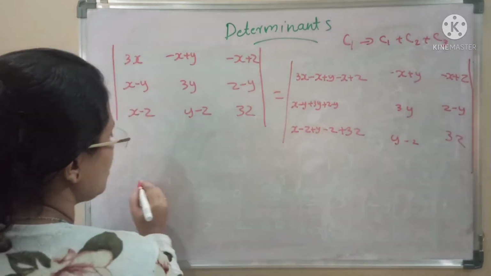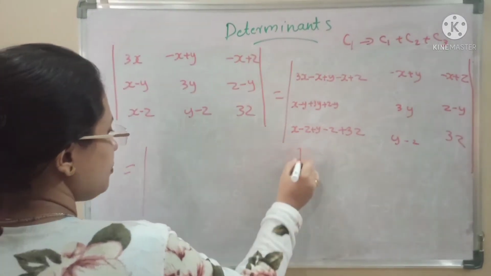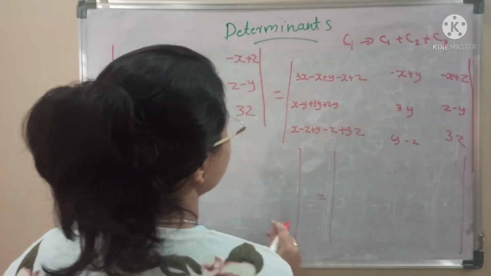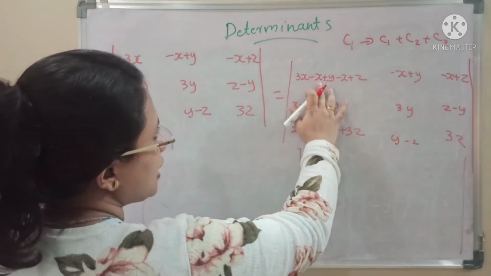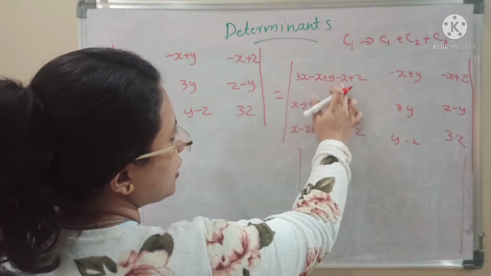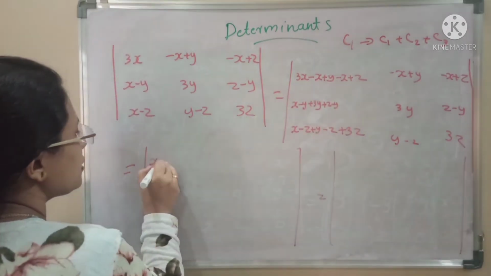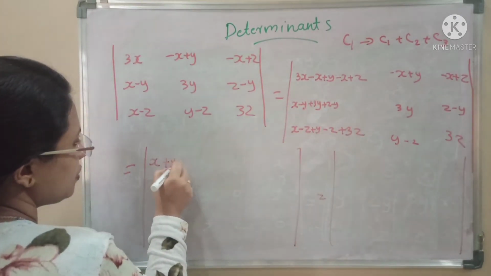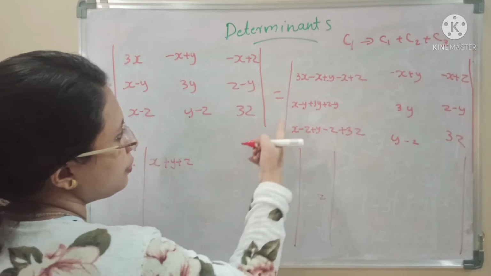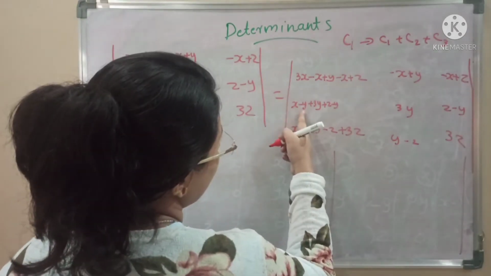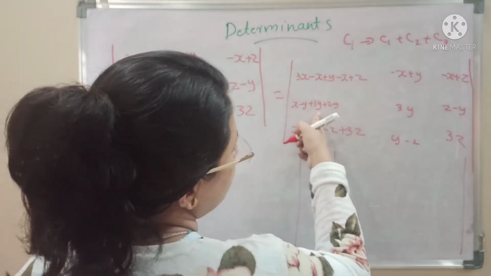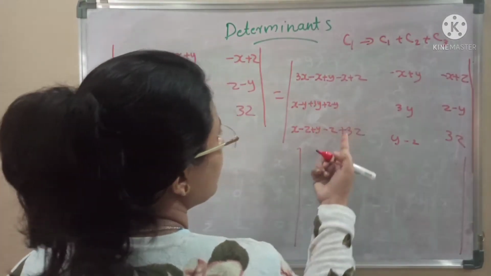Okay, so we are solving this. So this is going to be 3x minus x is 2x. Again minus x, x. So x remaining is x and z, y and z. So x plus y plus z. Similarly here minus y plus 3y is 2y. Again 2y minus y is y.